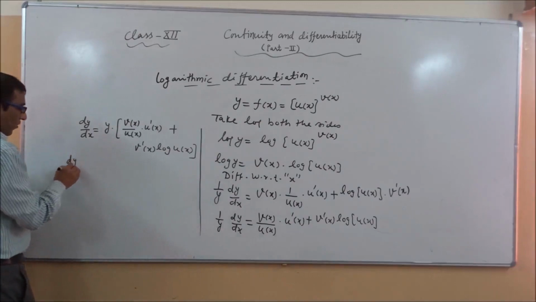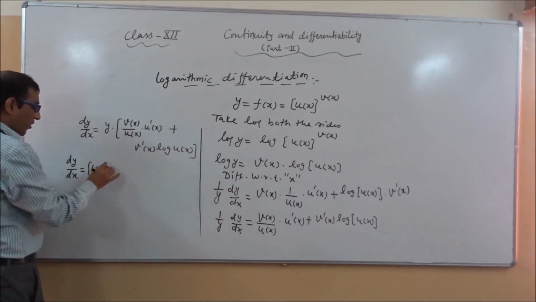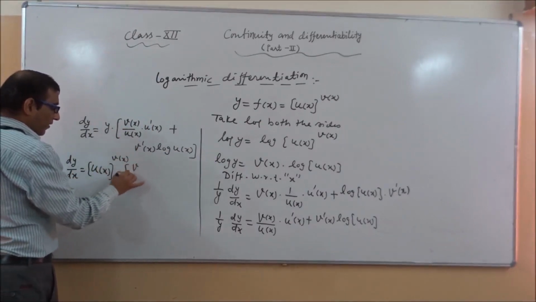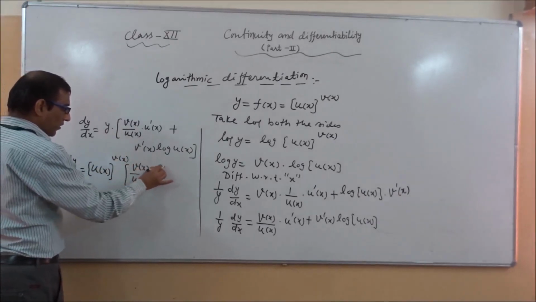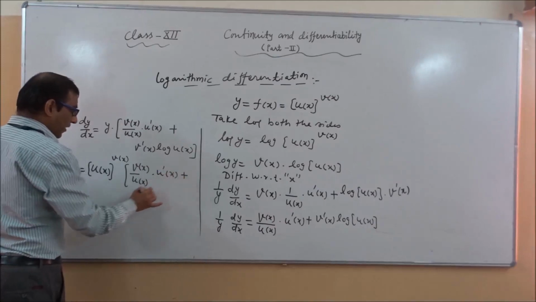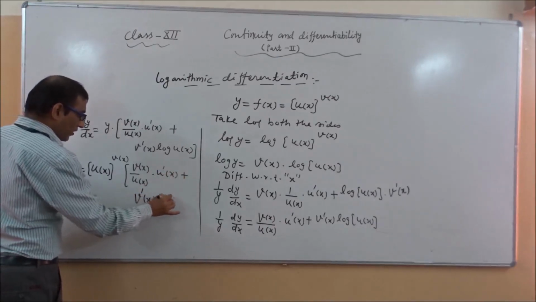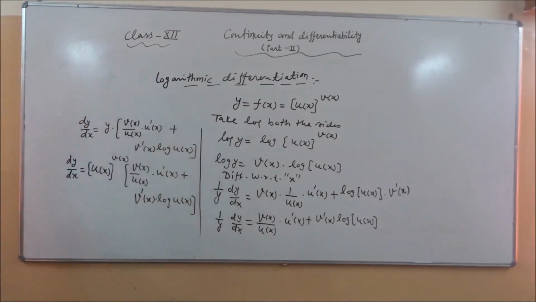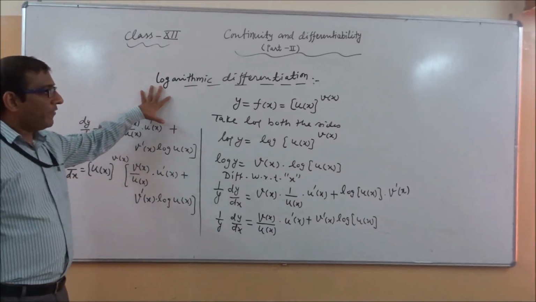Now we will put the value of y, and the value of y is u raised to the power v, and then v upon u into u dash plus v dash log u. So this is the way of solving the questions which are based on logarithmic differentiation.